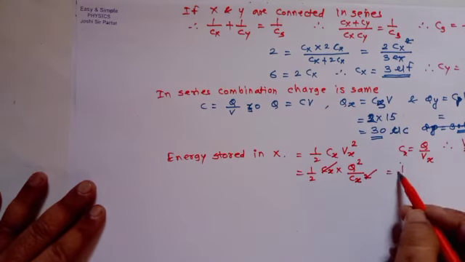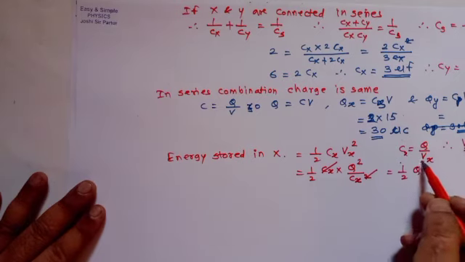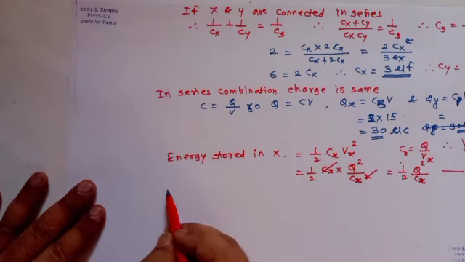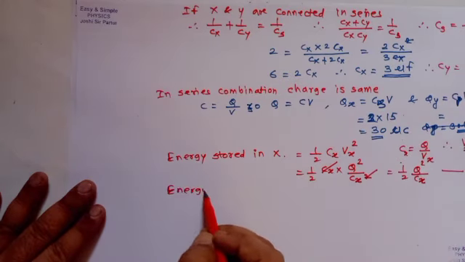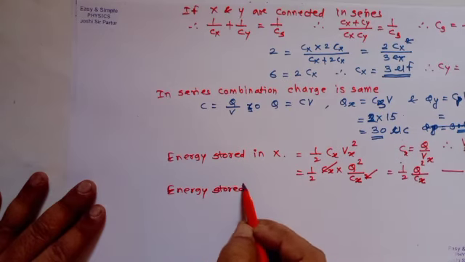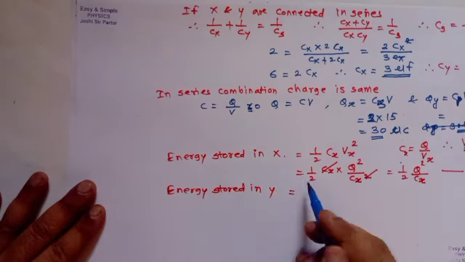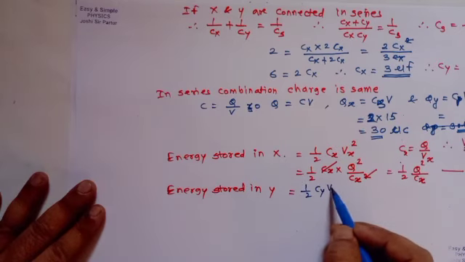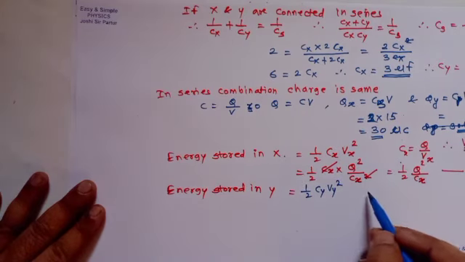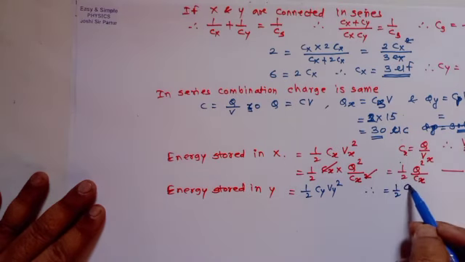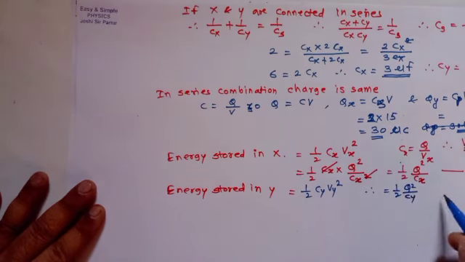So it will be half Q square upon Cx, equation A. And energy stored in Y will be half Cy Vy square. So therefore it is half Q square upon Cy, equation B.